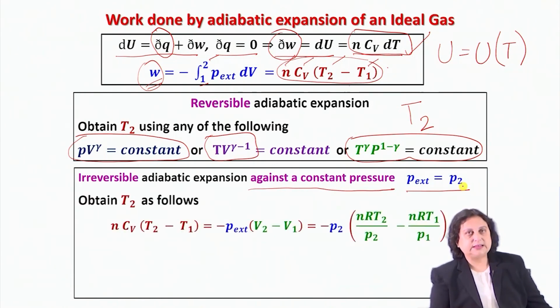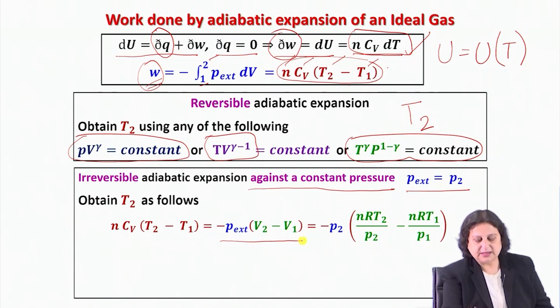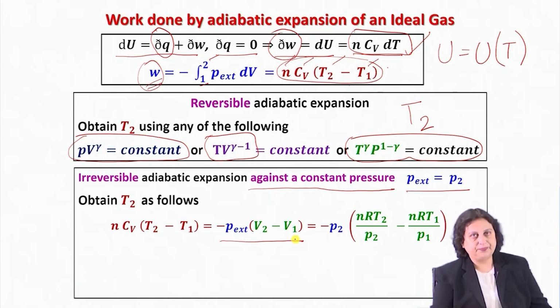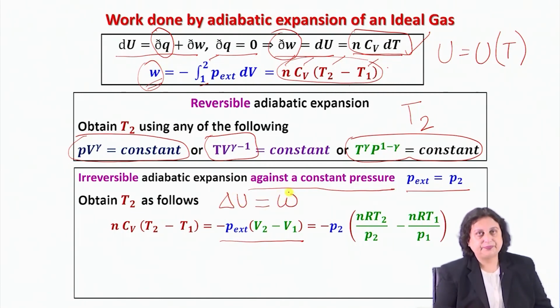So in that case, there is a different prescription for obtaining the final temperature. You would understand that the work done under such condition is given by minus P external into V2 minus V1. And since it is an adiabatic expansion, I can still say that delta U under such condition is equal to W.